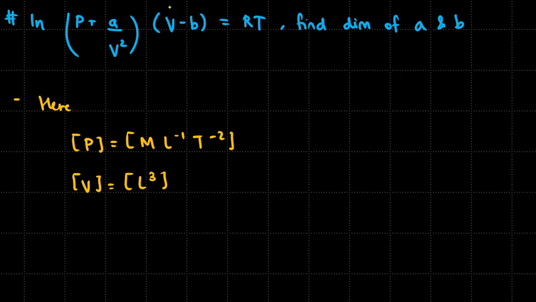Similarly, the dimension of V and b must be the same, since subtraction and addition are basically equivalent. So it's not that the dimension of P is the same as the dimension of a, it is that the dimension of P is the same as the dimension of a/V², the thing that it is being added to.